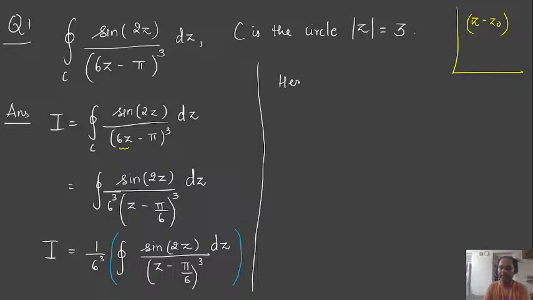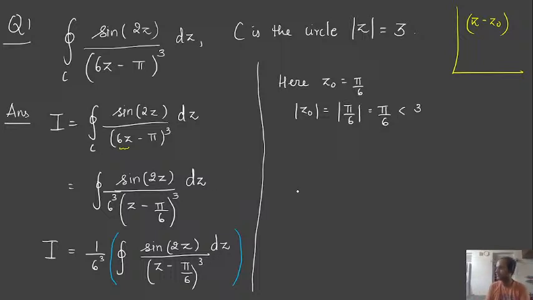Here z0 is equal to pi by 6. When you calculate, mod of z0 is mod of pi by 6, which is equal to pi by 6, and this is less than 3. Okay, are you following this?